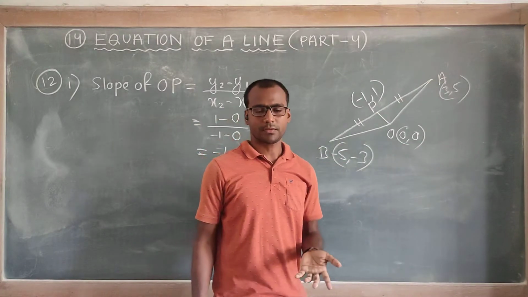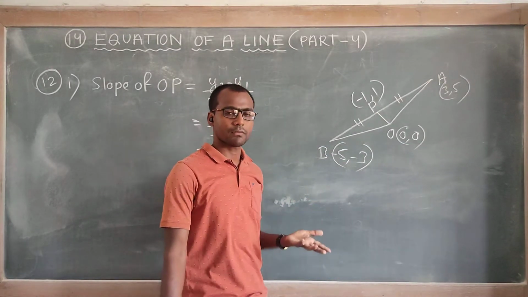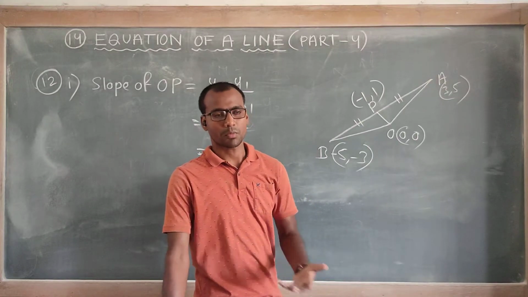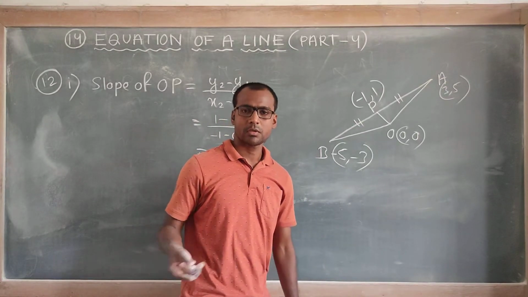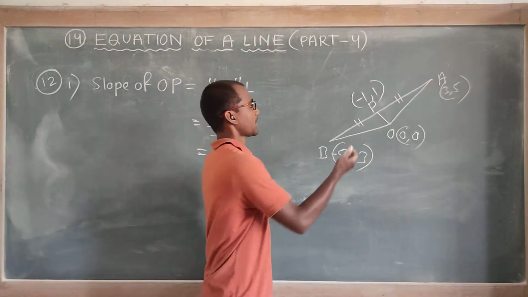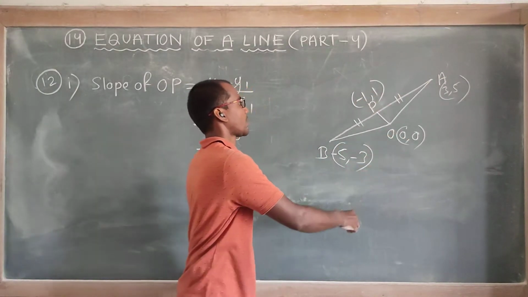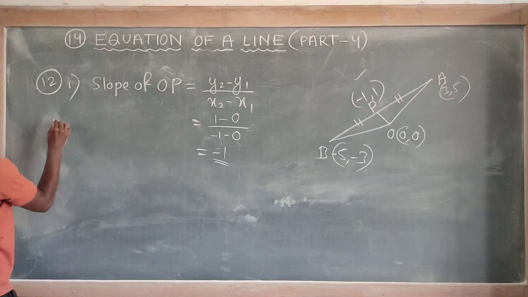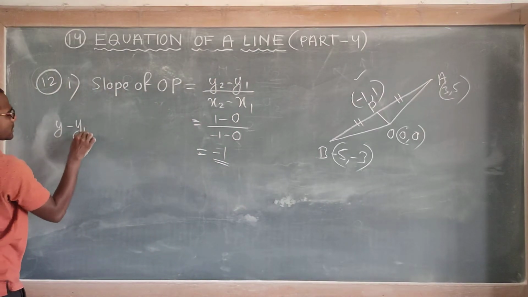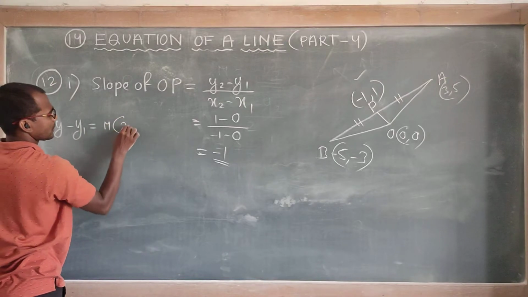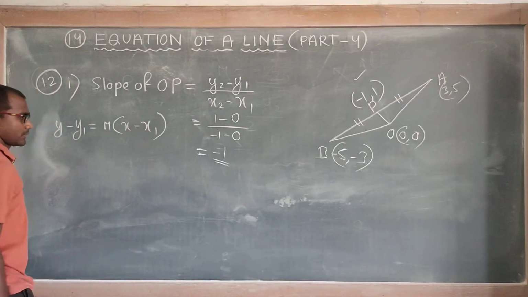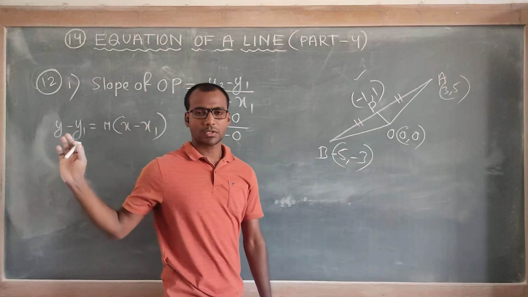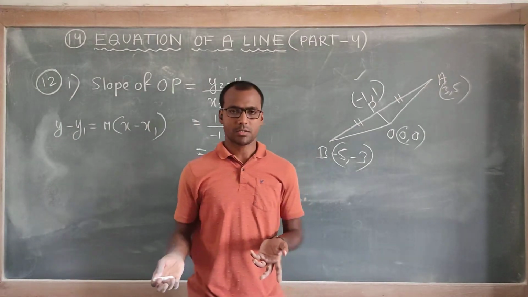So you are free to choose. Here you can use the slope-intercept formula or the slope-point formula. Suppose I choose the slope-point formula. I can take any one point, either this point or this point. I am taking this point. So y minus y1 is equal to m into x minus x1. While using the slope-point formula, you can take any point.